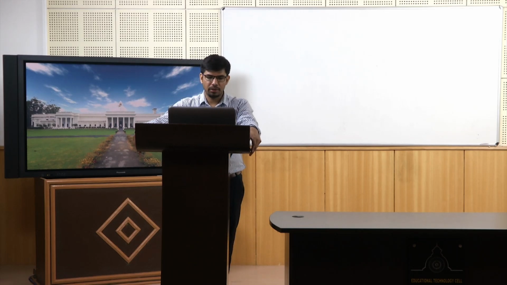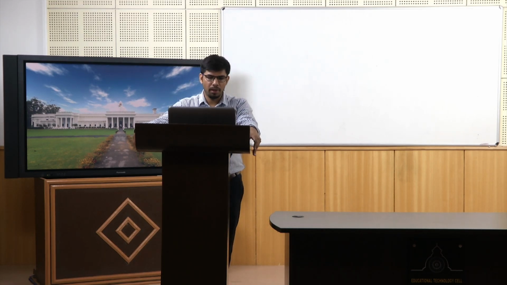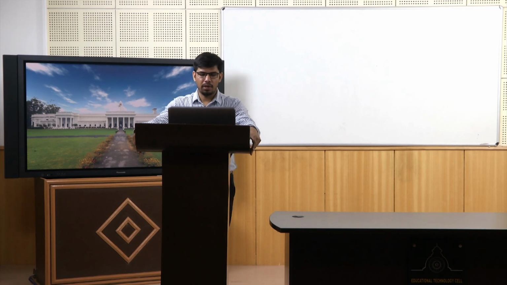In the next lecture we'll also discuss some of those aspects with respect to statistical modeling. We'll build a few more models which could be more useful for a classical setting.